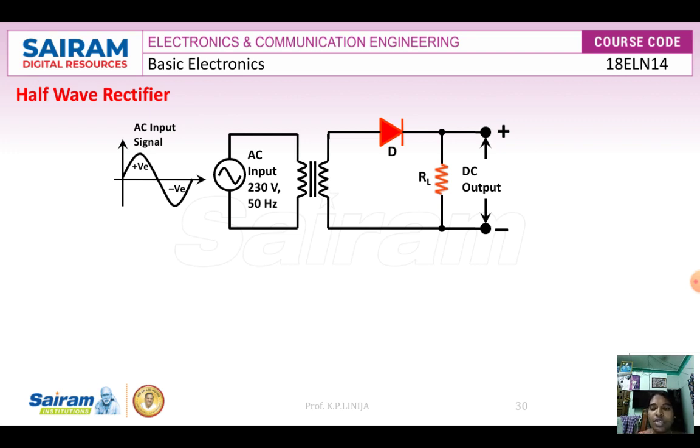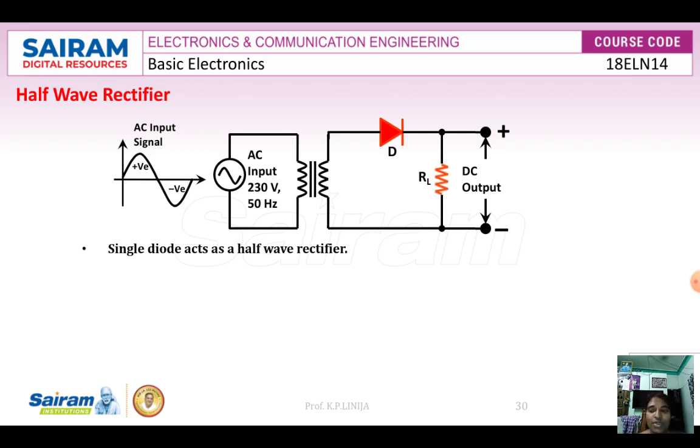Here the input consists of one cycle of the waveform. It consists of a positive cycle as well as a negative cycle. Now let us see the working principle. This diode is going to act as a half wave rectifier.